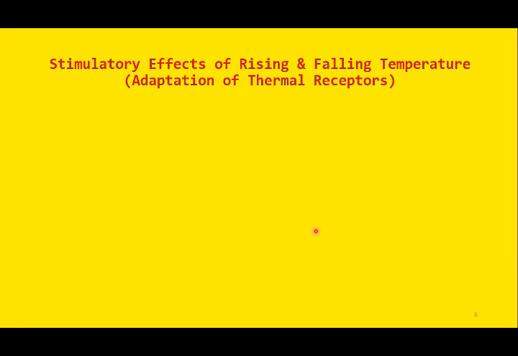Now, this decreased response of receptor can be gradual in nature or it can be of sudden onset. So thermoreceptors adapt to some degree, but they do not adapt 100%, right?